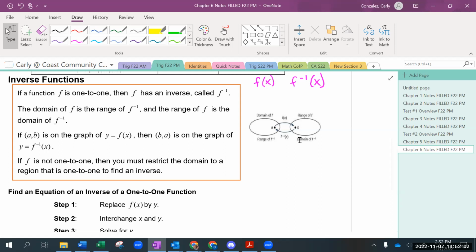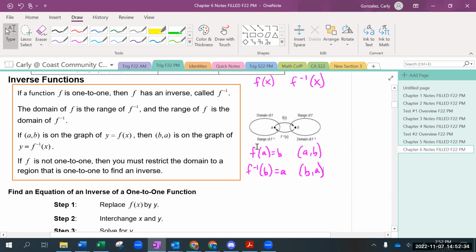Similarly, the range of f will be the domain of f inverse, because they are doing opposite functions. Also, if we take a to b through f, so f of a equals b, or the point (a, b) is on the graph of f, then the reverse will be true: the inverse of b will equal a, or (b, a) will be on the graph.